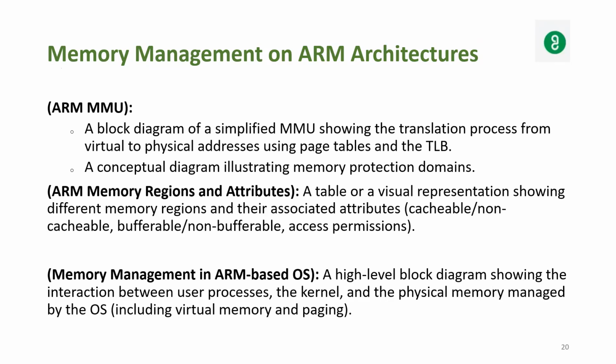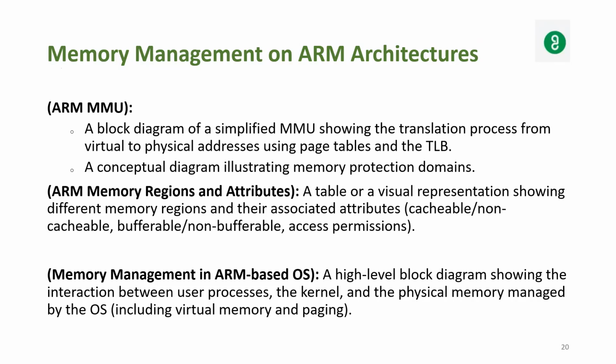ARM memory management unit. Let us consider ARM. Translation process from virtual to physical address using page tables and the TLBs. So what we are doing is, the memory management unit maps the virtual address created by the CPU to the physical address using the page table.